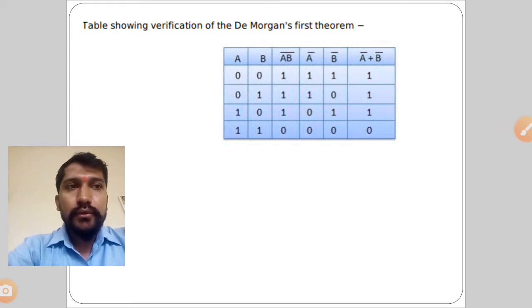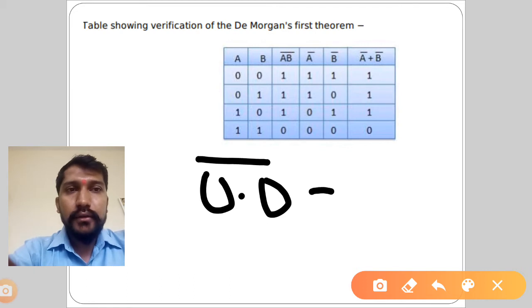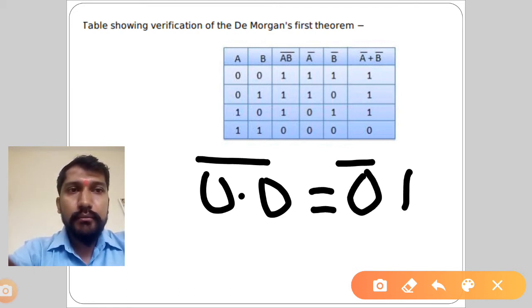So when I give both 0 and 0, according to the statement, we have to verify that (0 into 0) bar is equal to 0 bar plus 0 bar. What is 0 into 0?